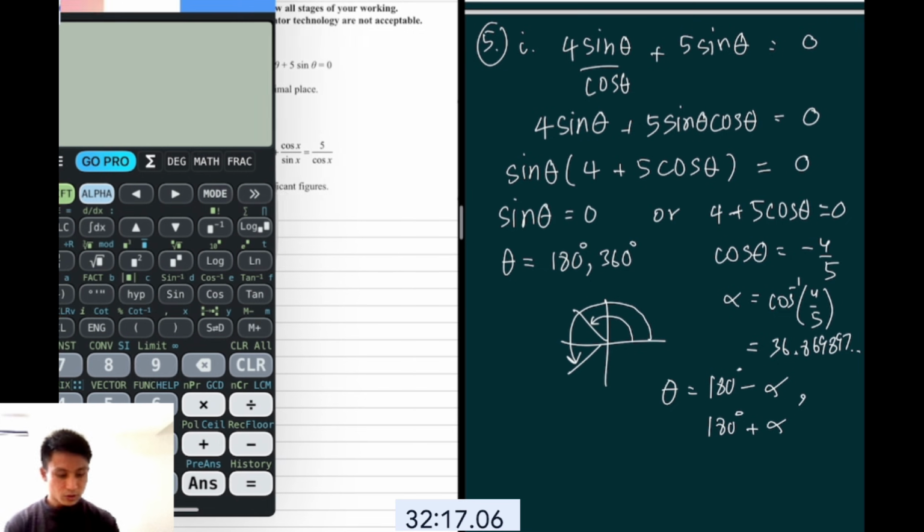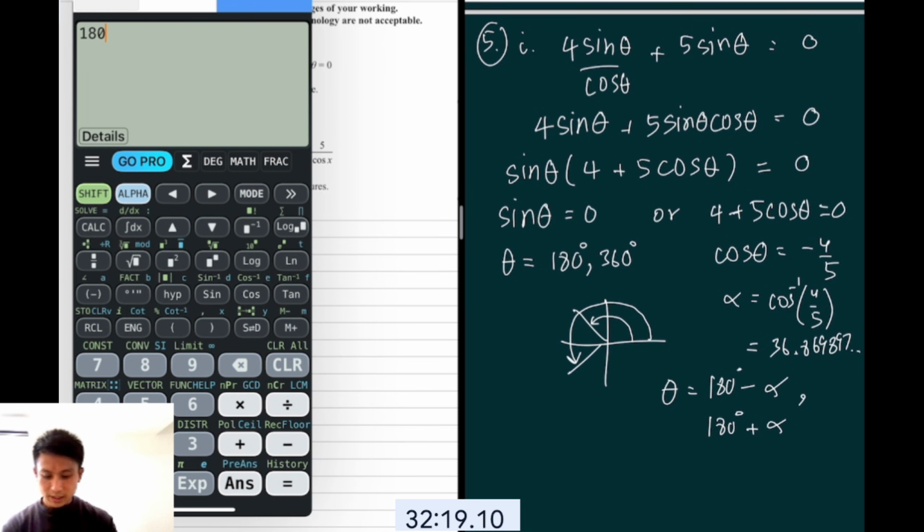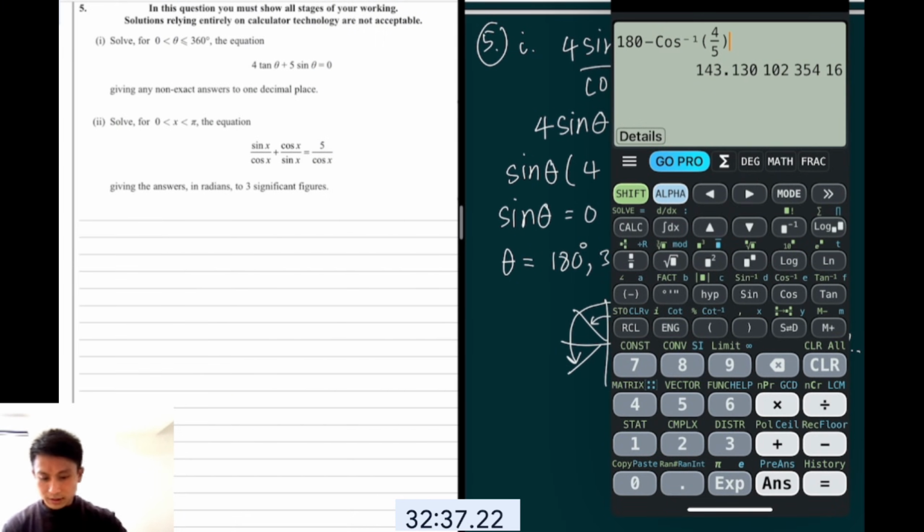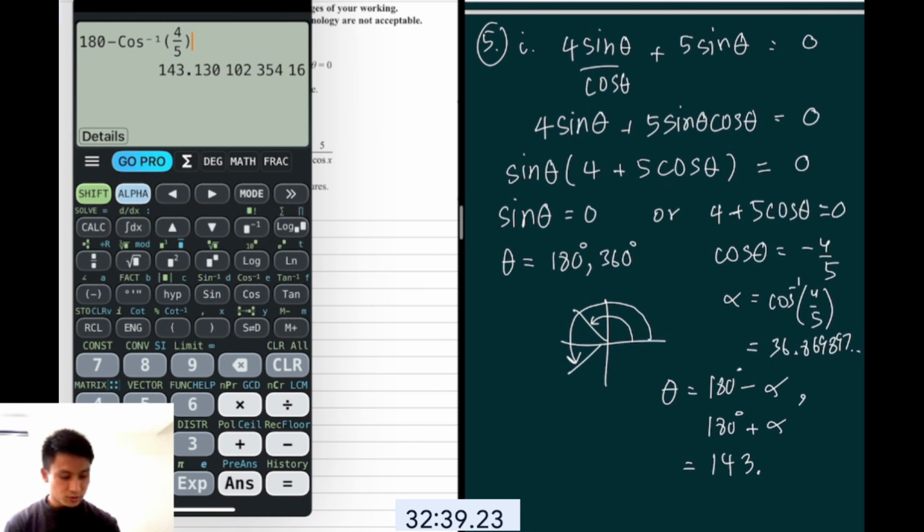So what I'm going to do is 180 minus arc cos 4 over 5. That gives me 143 point something; any non-exact answer to 1 decimal place.